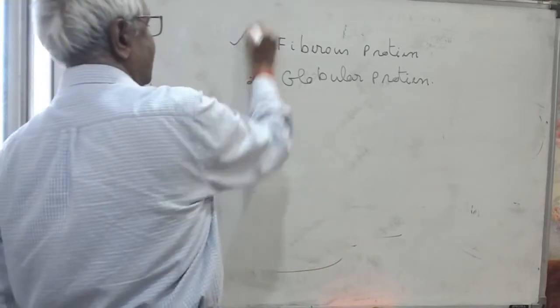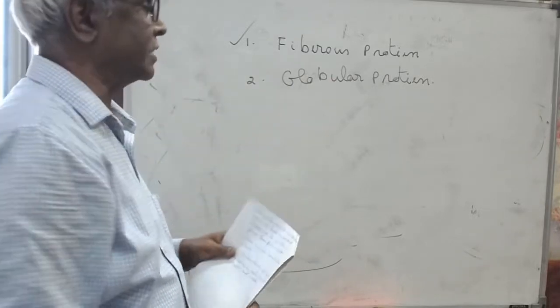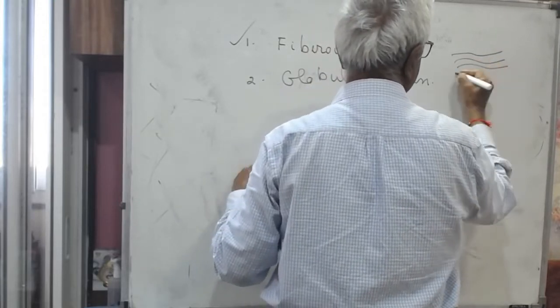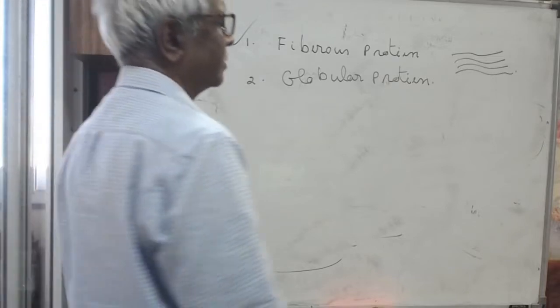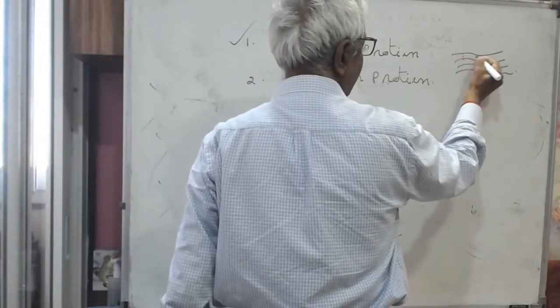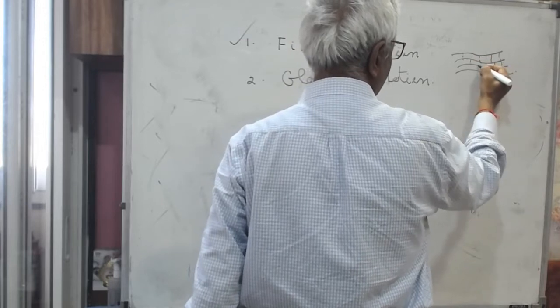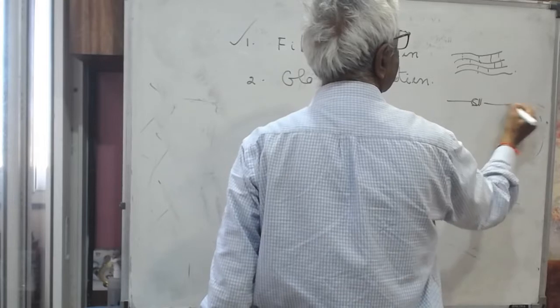One, fibrous protein. What is fibrous protein? When bundles of polypeptide chains run parallel and are held through hydrogen bonding or a disulfide linkage.